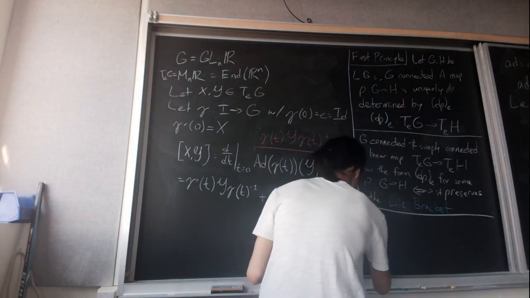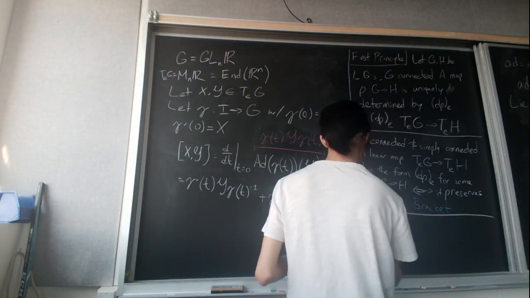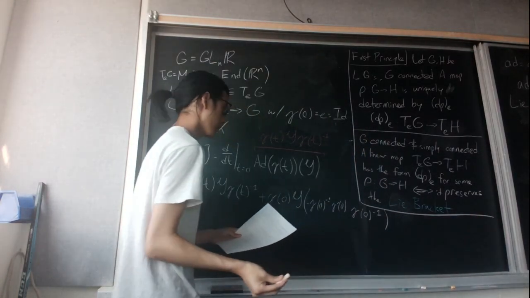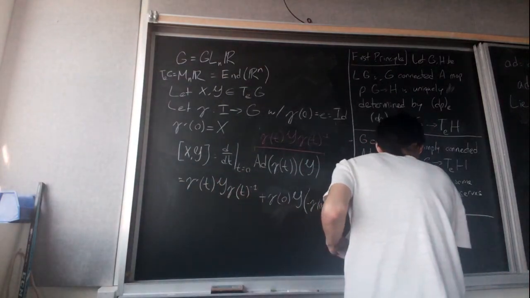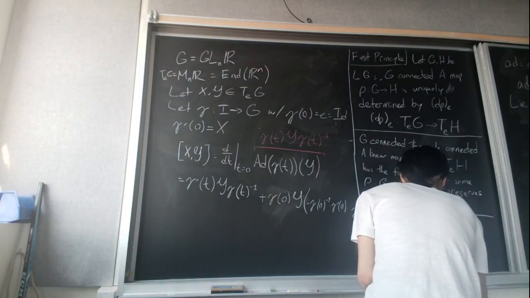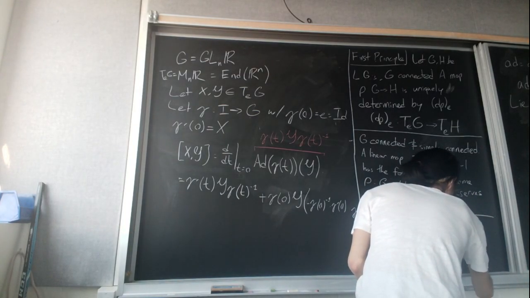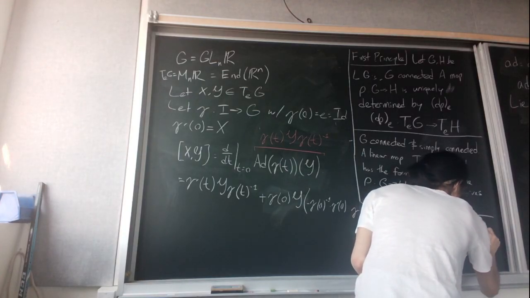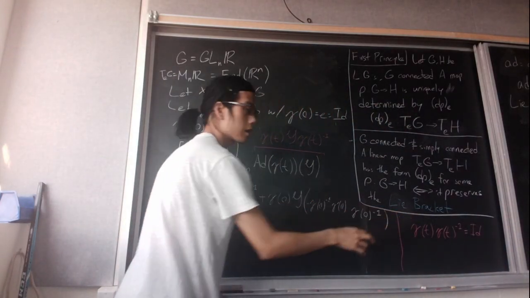The way you get this is basically by taking the identity, no pun intended, and differentiating it, and this just pops out.